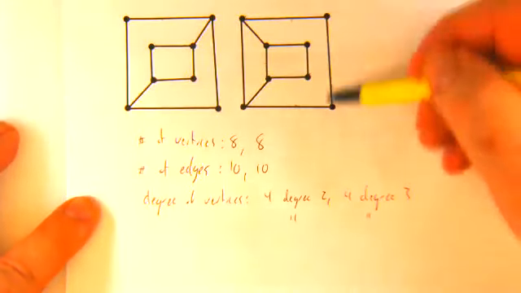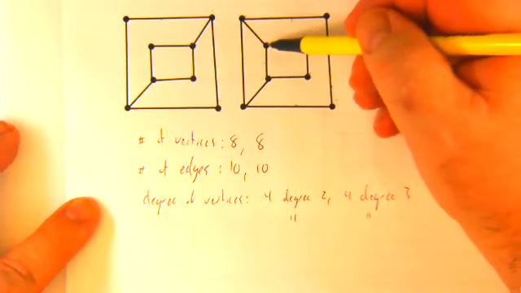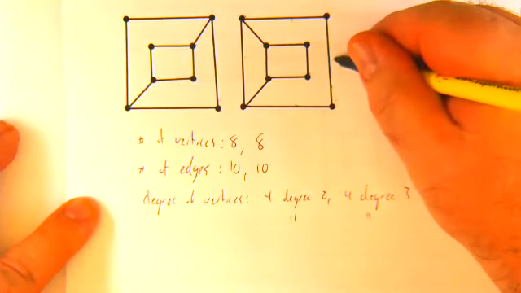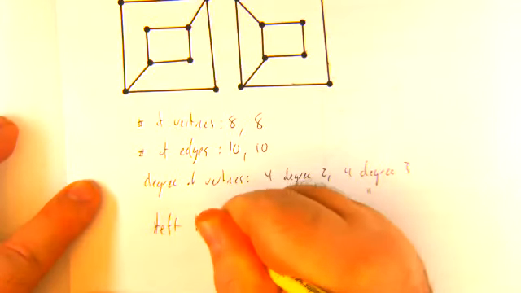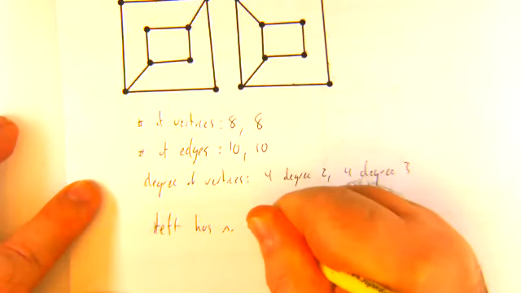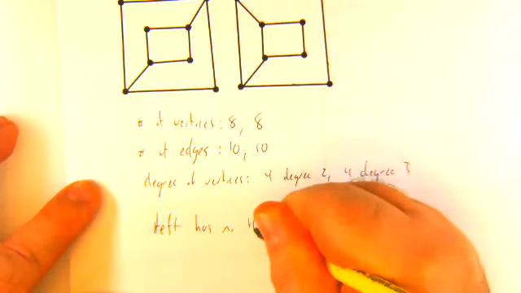You'd have to go around, and then you can go in, you can go out. This one looks like it has a Hamiltonian cycle. That would be a way to tell the difference between these two graphs. This one has a Hamiltonian cycle, and this one doesn't, because you can't actually get around there.